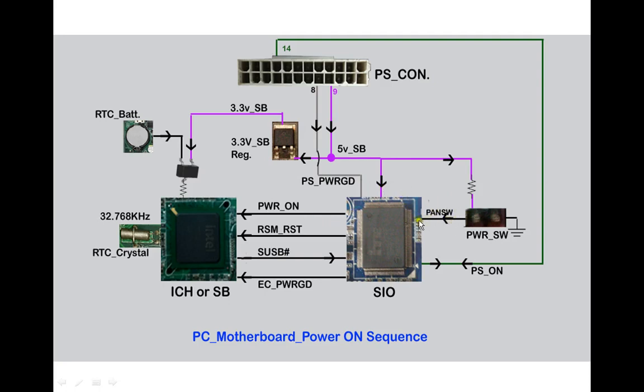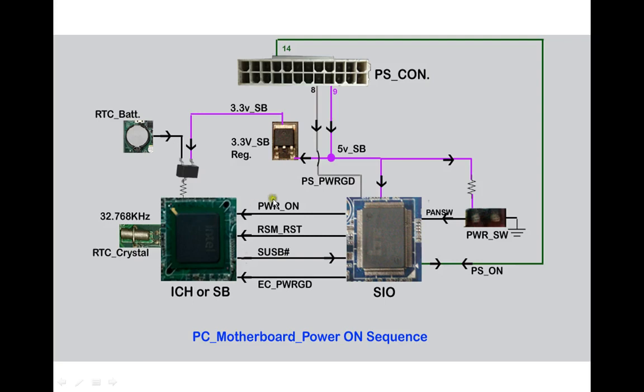On receiving this signal, the SIO chip is expected to release a signal called the power on signal, which is the power button out signal, and another signal called RSM RST, which is 3.3 voltage. This resume reset signal comes out before pressing the power button on most motherboards, and on a few boards it comes after pressing the power button.